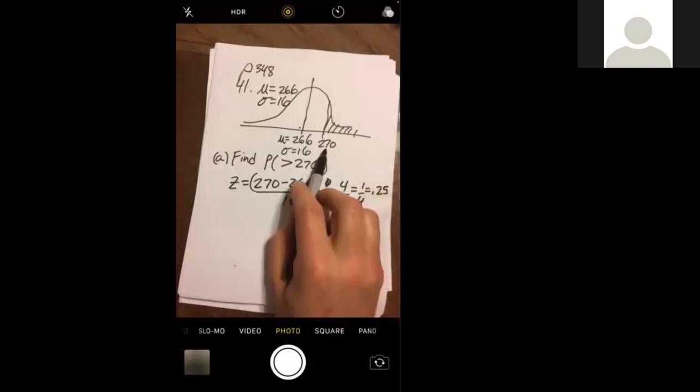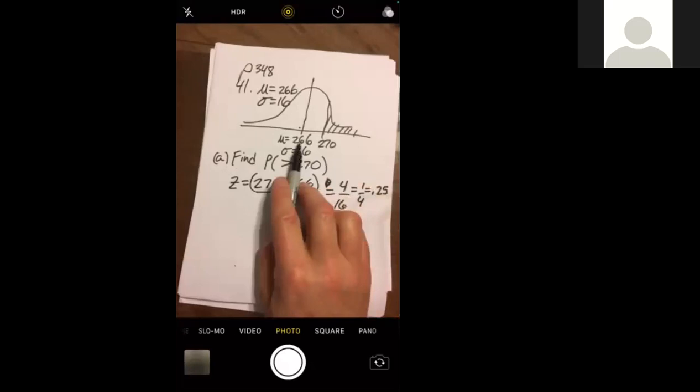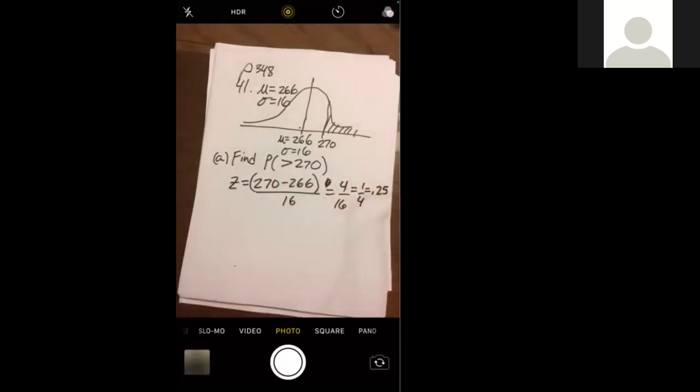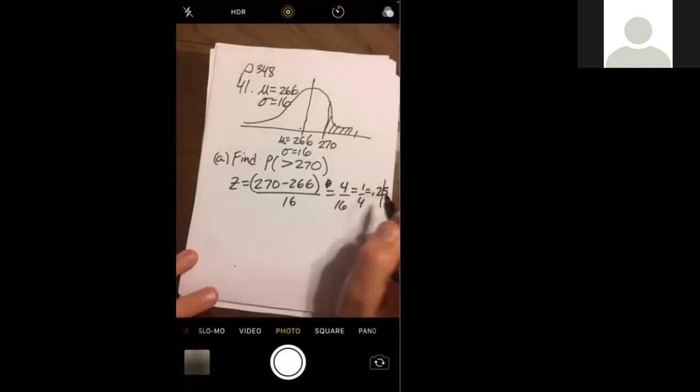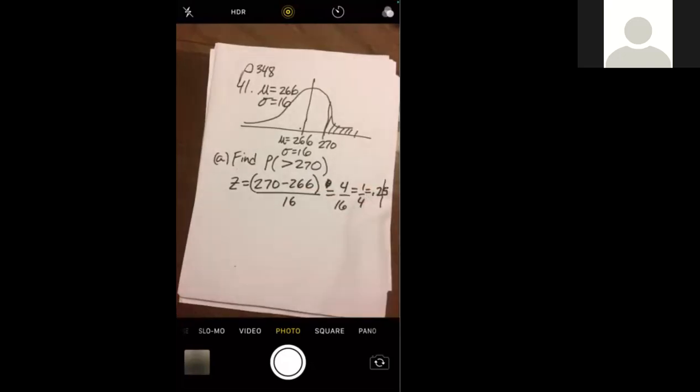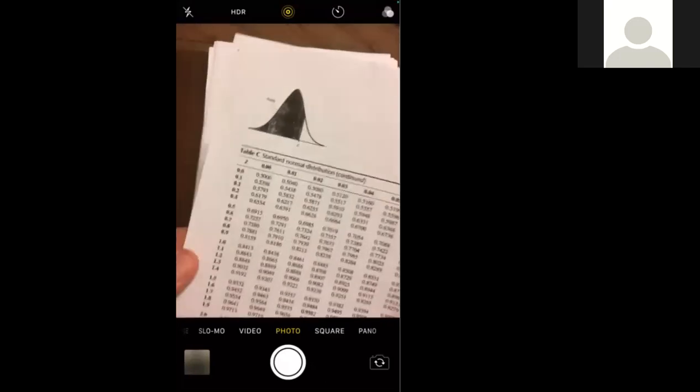So at 270, you're 1/4 of a standard deviation above the mean. We can split off the 5. Point 2, 5.